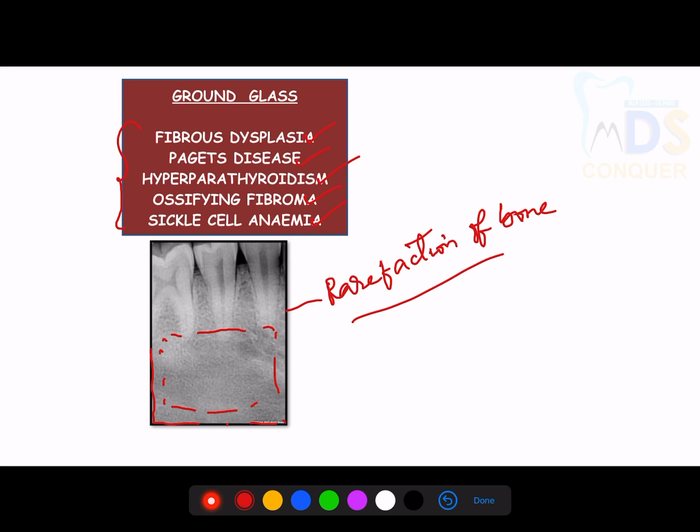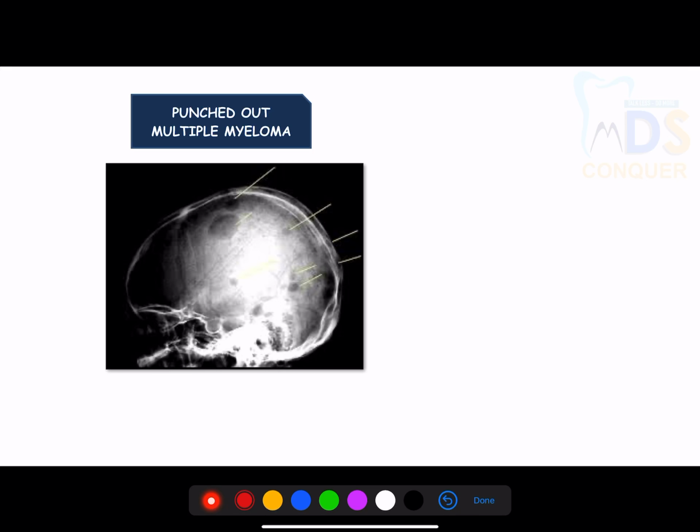Here you can see the punched out radiolucencies. The punched out radiolucencies are seen in multiple myeloma. Very important picture based question.